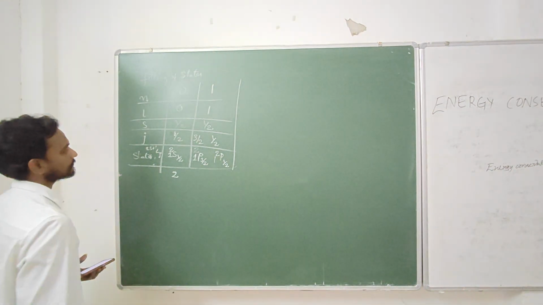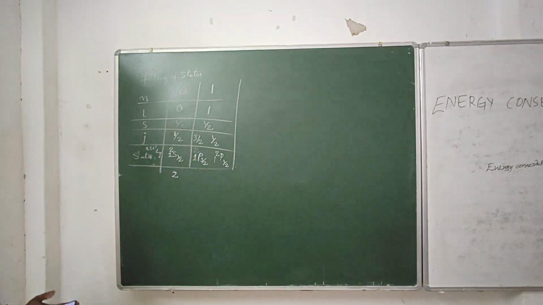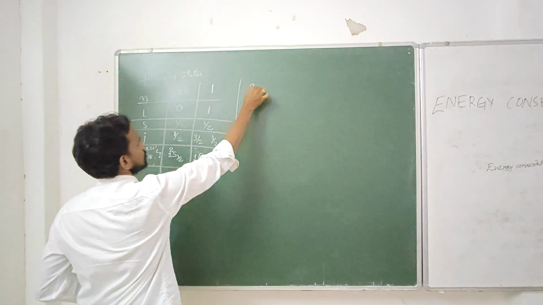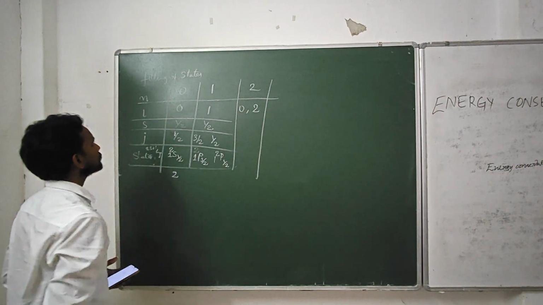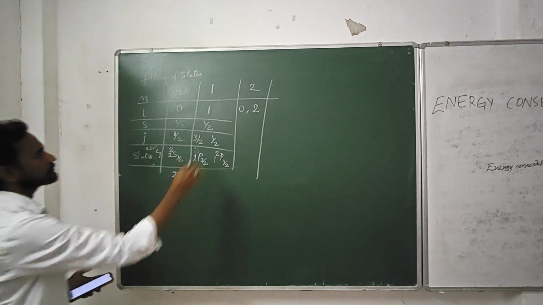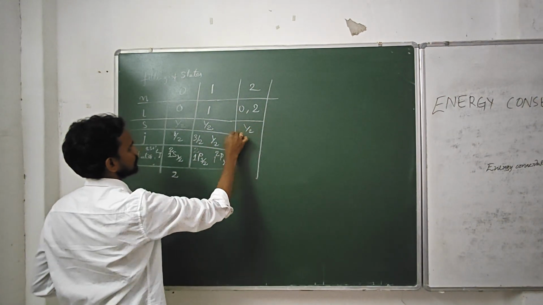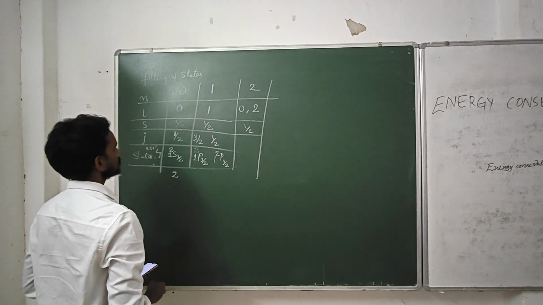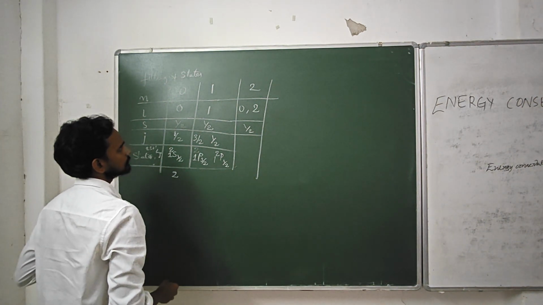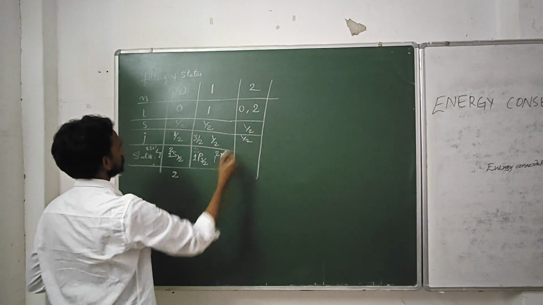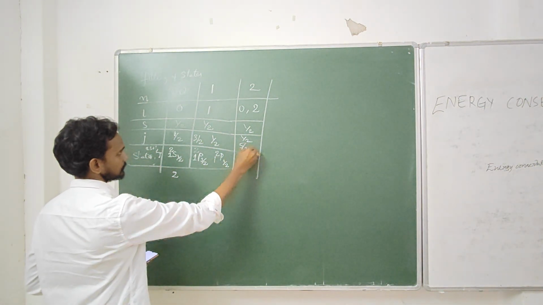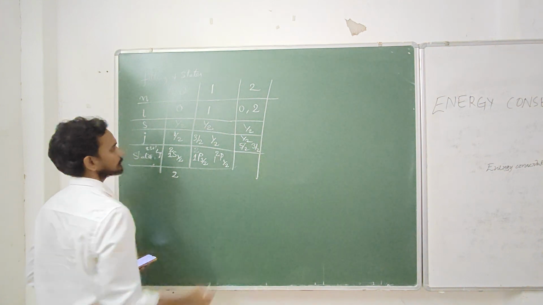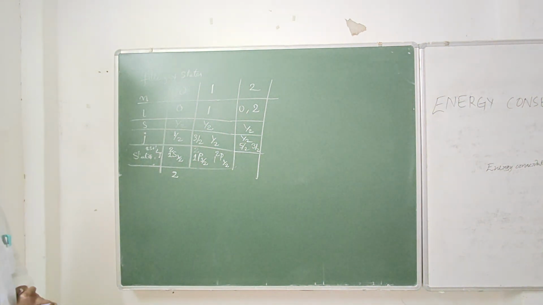So 1p half and 1p 3 by 2. L value is 1. So next one, for 2, it takes values 0 and 2. Spin is half. So for 0 state, J value is 1 by 2. And for 2, it is 5 by 2 and 3 by 2. So we'll have only 2 possibilities for that.